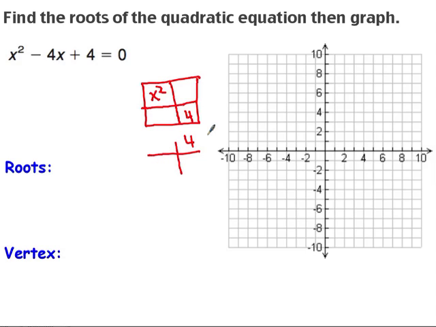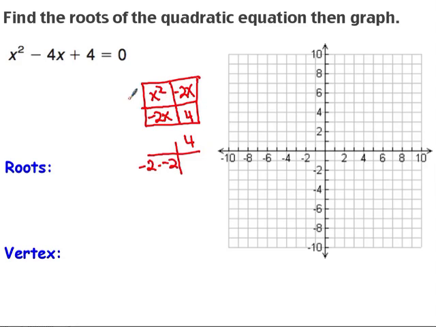So you need to try different numbers, and I can see 2 times 2 is 4, but when you combine them, you're not going to get -4, you're going to get +4. So how about -2 times -2? It's +4, and then when you combine them, you get the -4. So the two numbers to fill in here are -2 and -2, and then x.